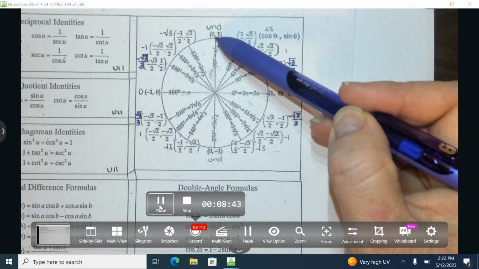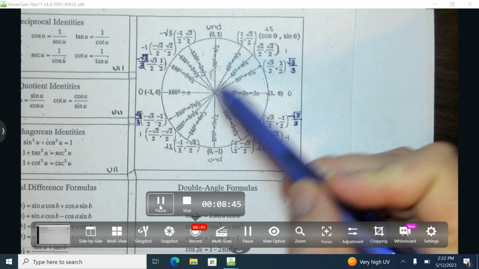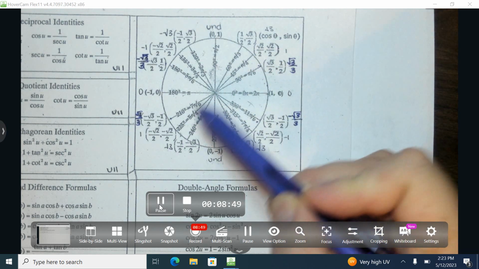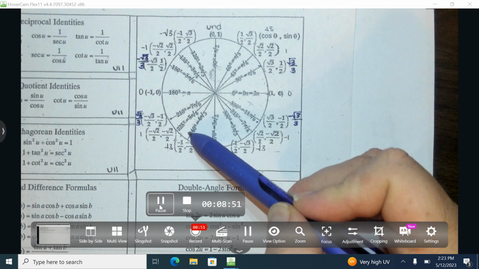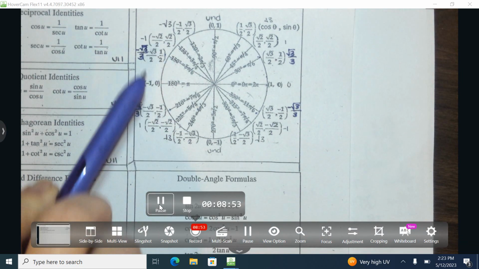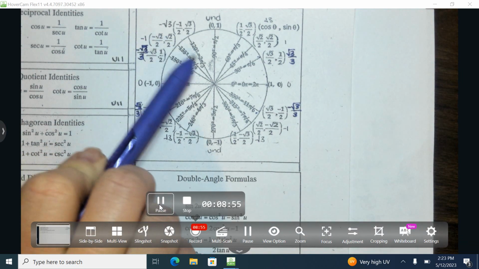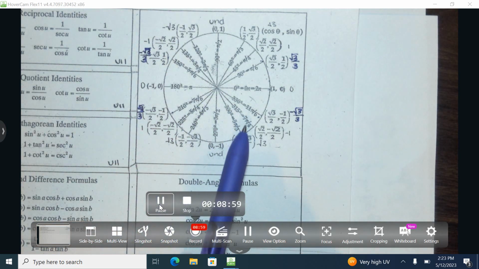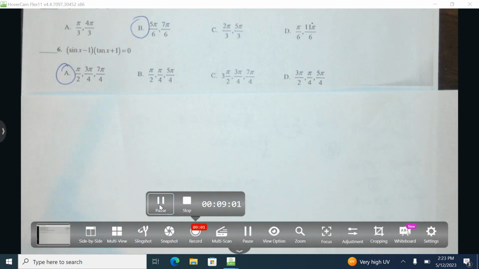I can illustrate. The sine is 1 here at pi over 2. So remember, for tangents, all-star trig class, the tangent is 1 at pi over 4 and at 5 pi over 4, but we're asked where is it negative 1. It is negative 1 at 3 pi over 4, and again it is negative 1 at 7 pi over 4. The correct answer to number 6 would be option A.